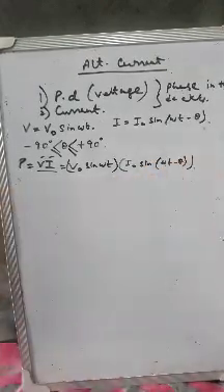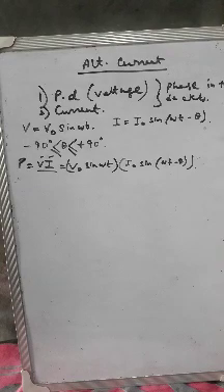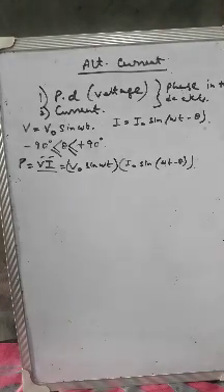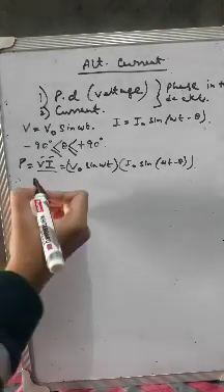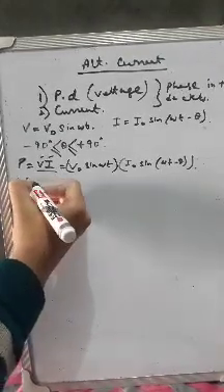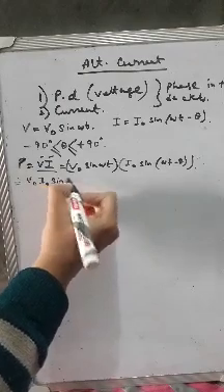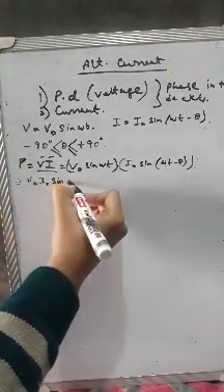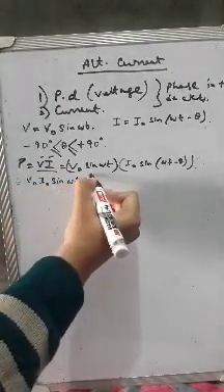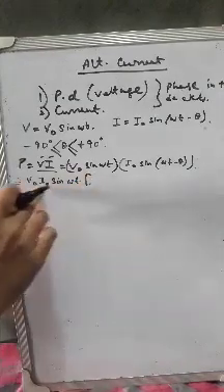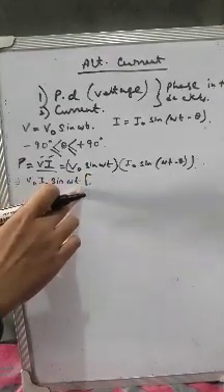Okay, so if you arrange it mathematically, it will come out like this: V naught I naught sine omega t.